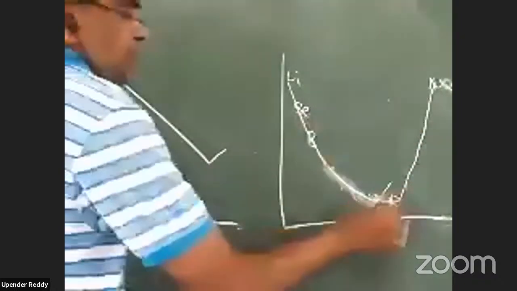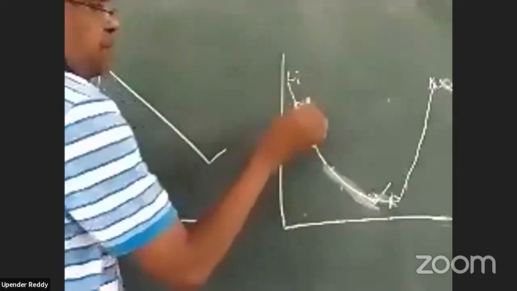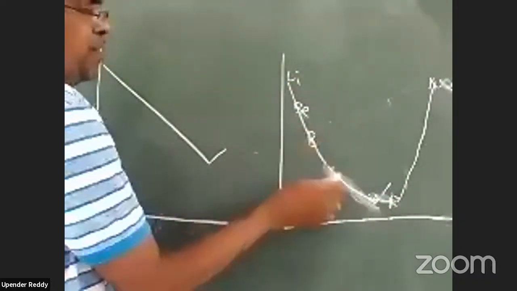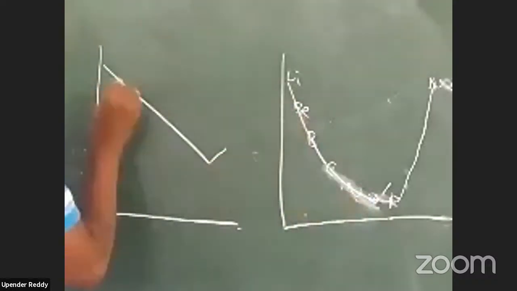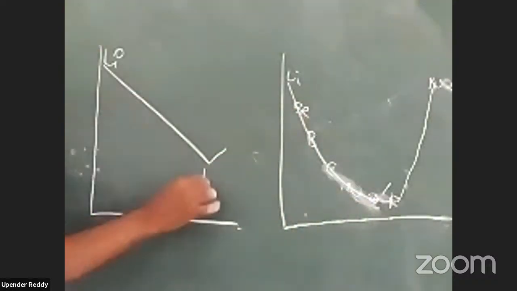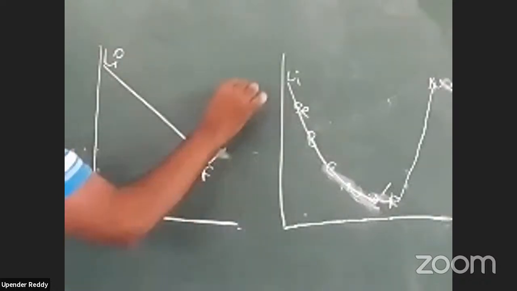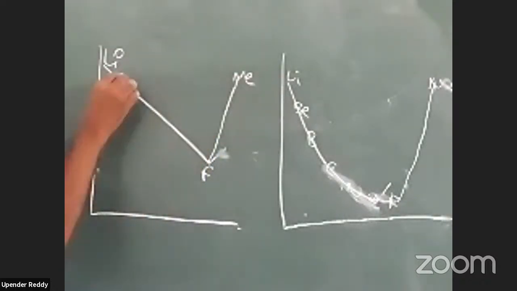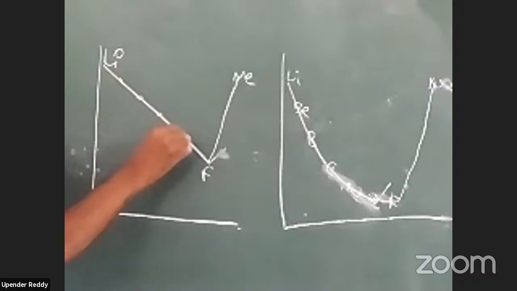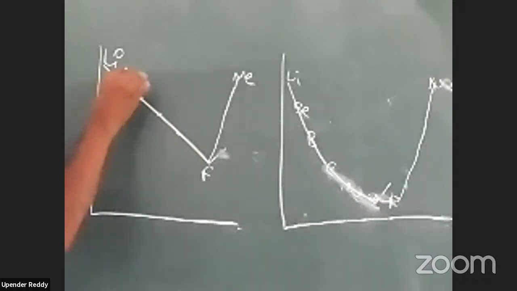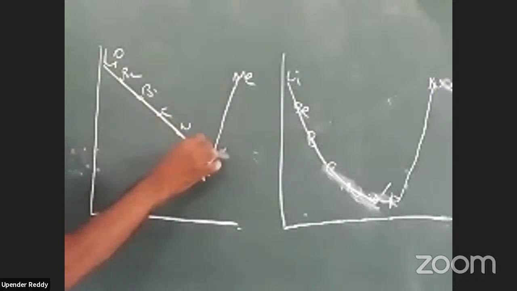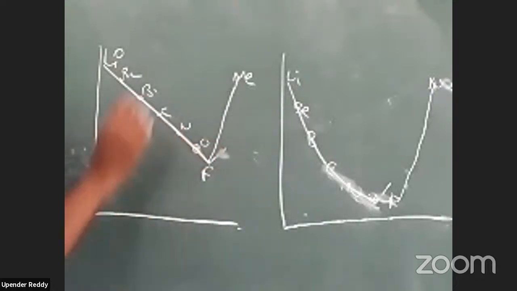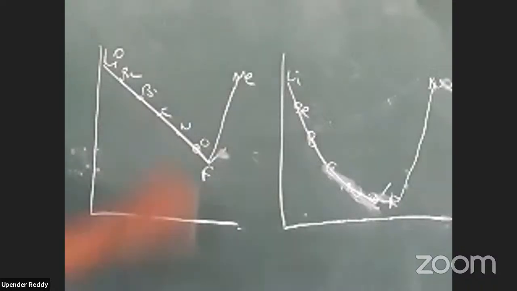Lithium, beryllium, boron, carbon, nitrogen. Here, lithium, fluorine, neon, beryllium, boron, carbon, nitrogen, oxygen. Which is the correct graph? 1, 2.